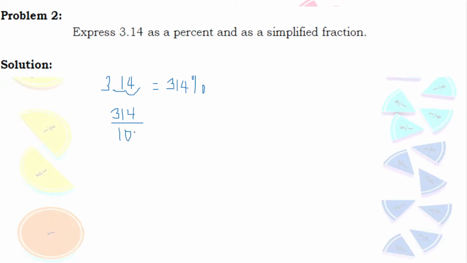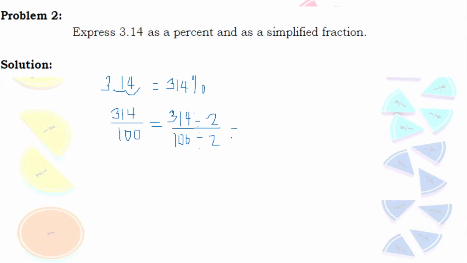And then, we will think of the GCF to get the lowest term. So, what is the lowest term? Okay, we'll divide both sides by 2.